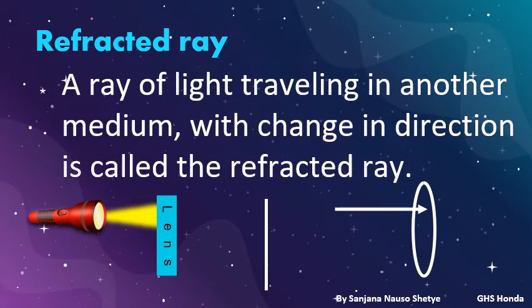Refracted ray. A ray of light traveling in another medium with change in direction is called the refracted ray. Here you can see the light coming from the torch falls on the lens and it gets refracted.